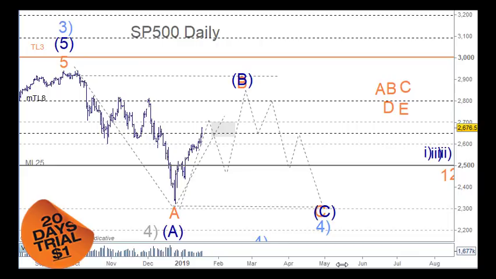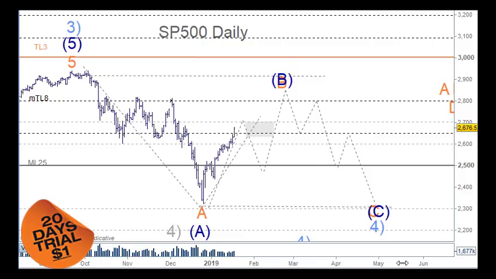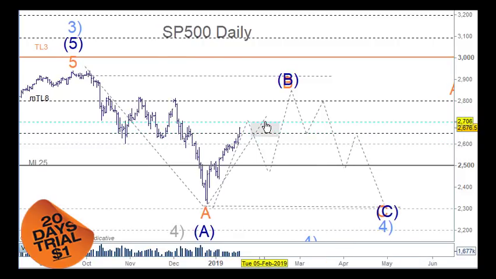But this pattern here is more likely than the triangle pattern that we put out just a moment ago. The other point with all of this as well is that the move from the top here down to the bottom here, the 61.8% comes in at 2700 over here. Let's just clean these up here. So this is where we're likely to see the resistance here.